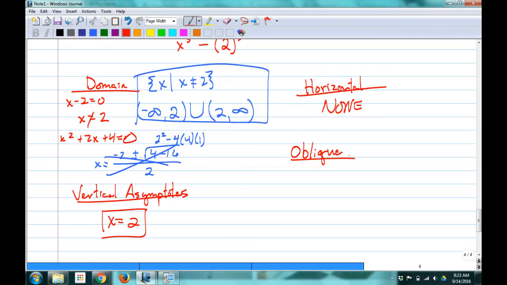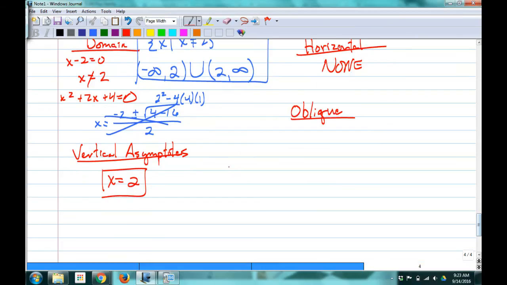This is why we did it. Synthetic is wonderful, but it doesn't work unless we're dividing by a linear piece. And we're not. We're dividing by x cubed minus 8. So this is why we had to do long division before. Told you we'd use it.